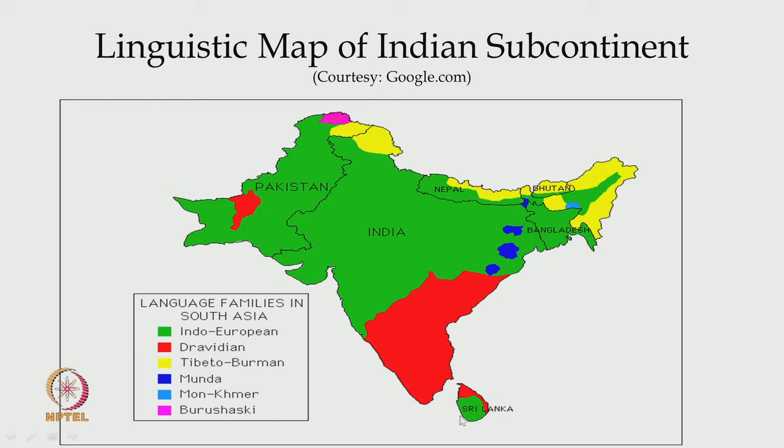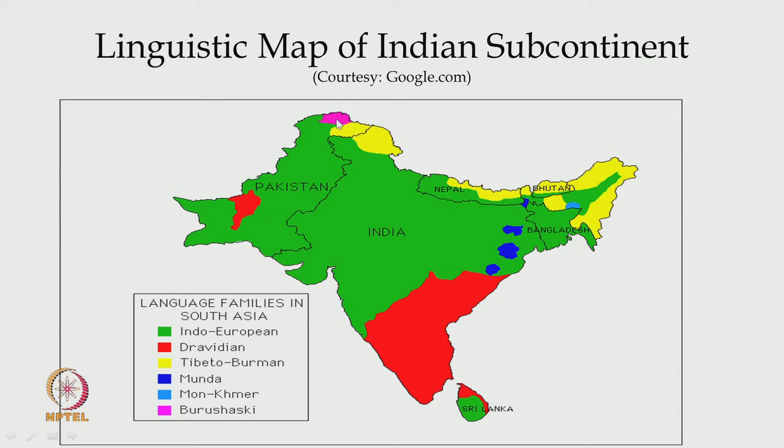The language which is Indo-Aryan in Sri Lanka is Sinhalese, and this is how we see the spread of Indo-Aryan languages. Look at the spread of Dravidian languages, which is indicated in red. This is the main part of our geography which speaks Dravidian languages. Parts of Sri Lanka speak Dravidian languages. You see some patches in Pakistan which speak Dravidian languages as well.